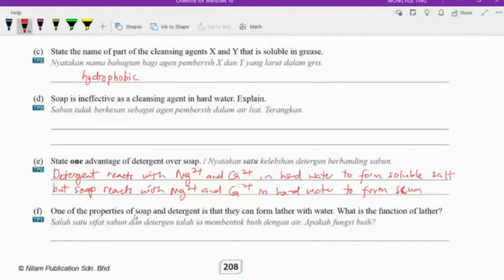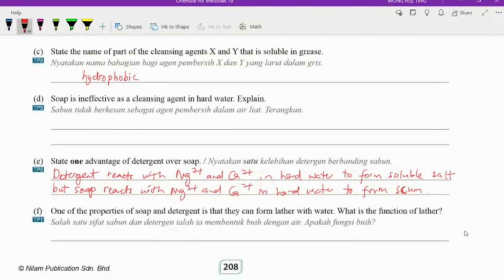One of the properties of soap and detergent is that they can form lather with water. So what is the function of the lather? Or will anyone write some answer? Can you share with us? "Wash off the grease from the surface of the substance." Yes, very good.